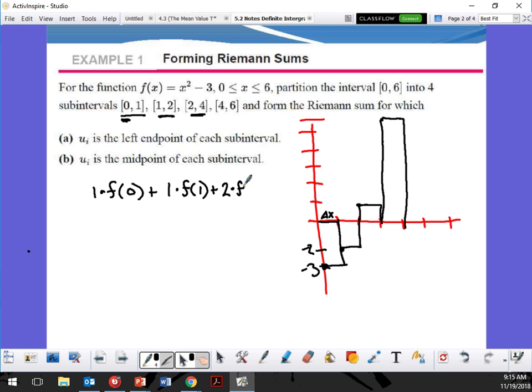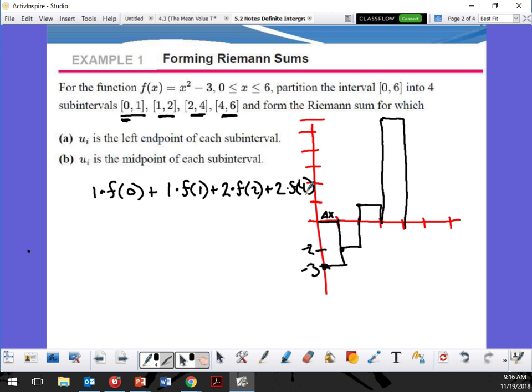Delta x times f of the left endpoint, which is f of 4. There we go. Kind of scrunch it all in there. Thought I had more space.